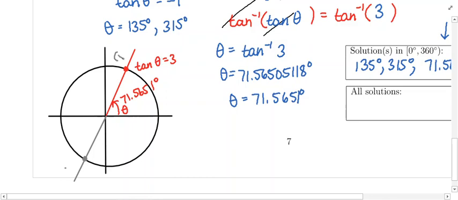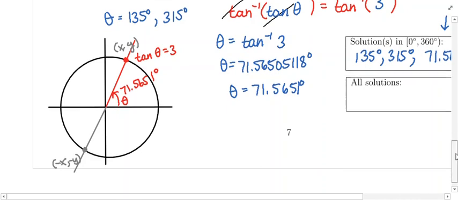If this is XY, this is going to be negative X, negative Y. So that's why it's basically this point right here. When you look at this, you have a negative divided by a negative, which gives you a positive tangent. That's just reinforcing that this is in quadrant number 3.